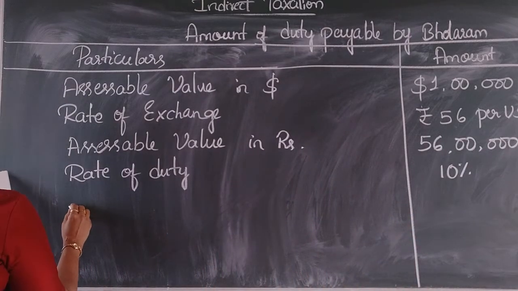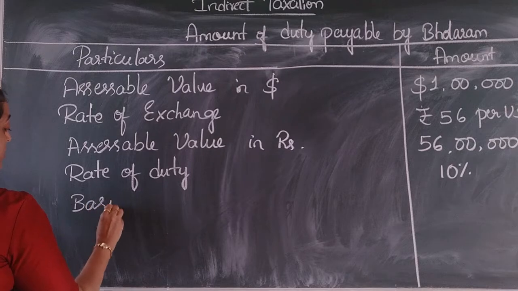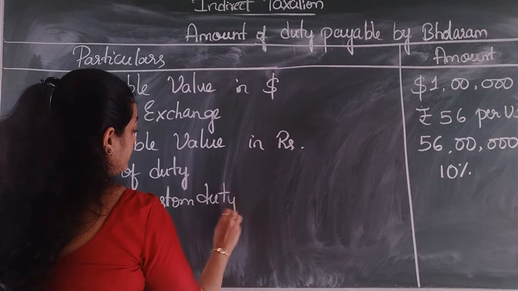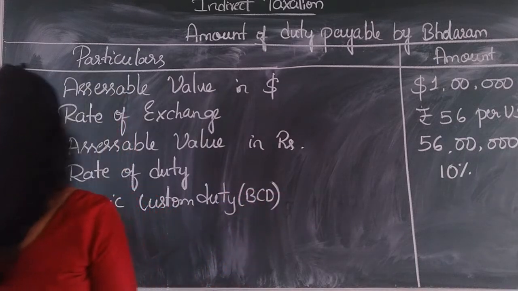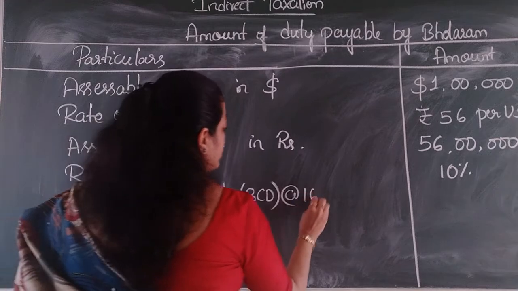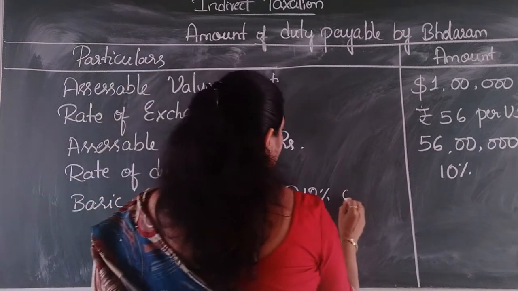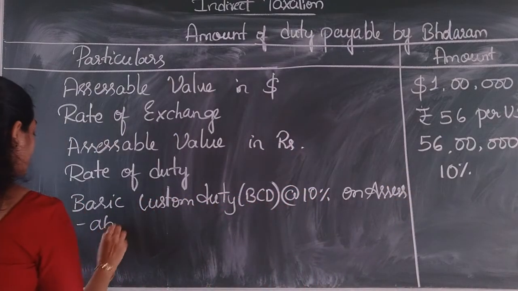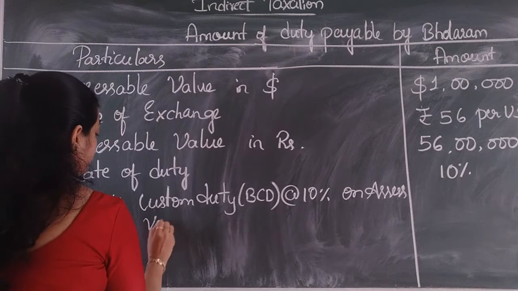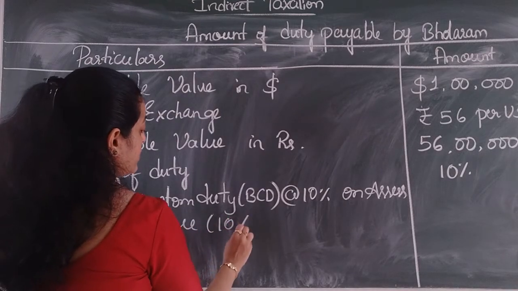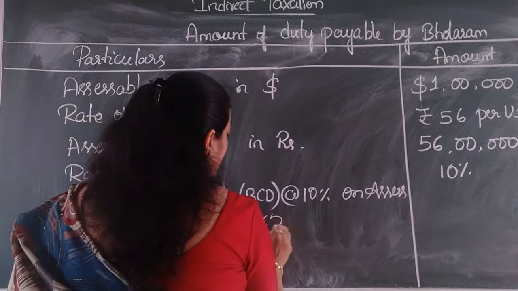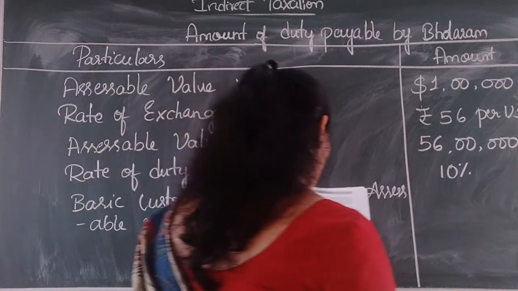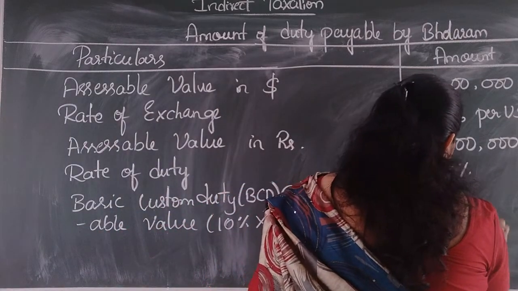So basic customs duty, BCD, applicable at 10% on the assessable value, that is 10% into 56 lakhs, gives you 5,60,000.